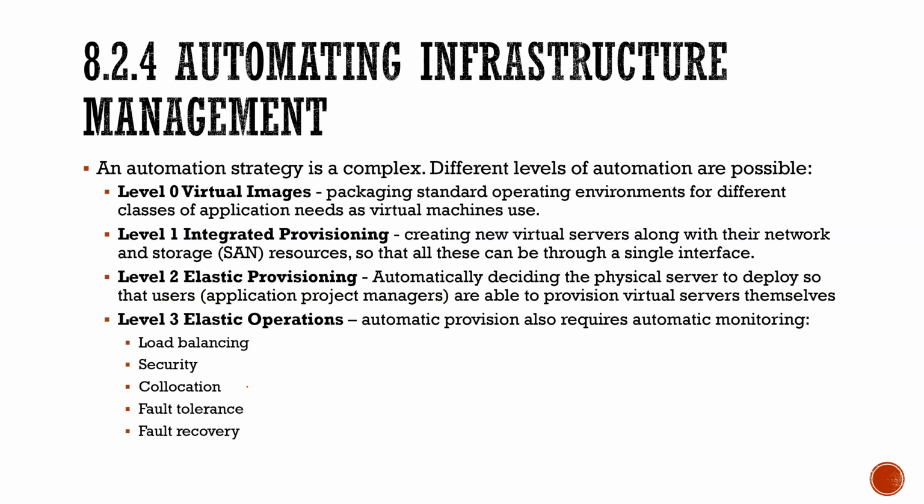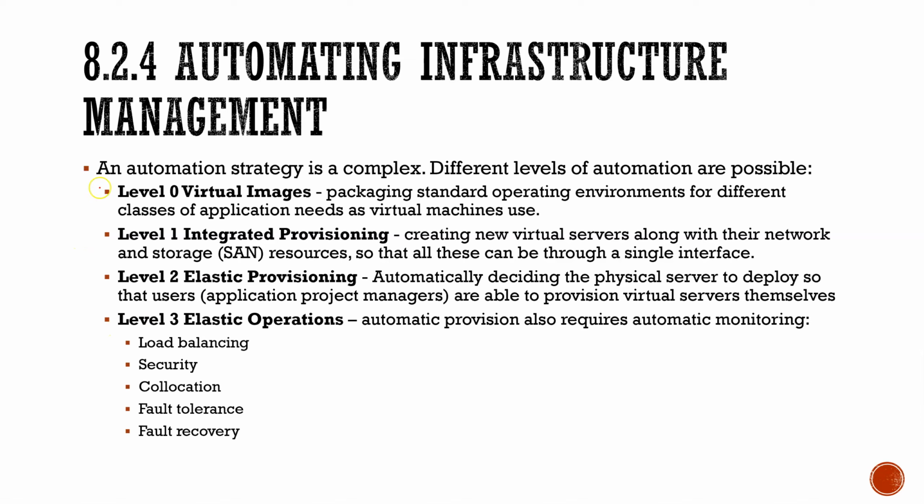Automation is critical in virtual environments, of course. You have 4 different levels of automation as identified in the textbook. Basically, level 0 is virtual images. You take an image, you deploy that image across all of your various clients as needed.